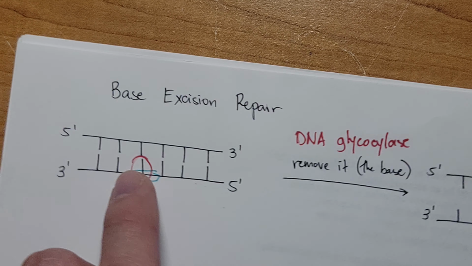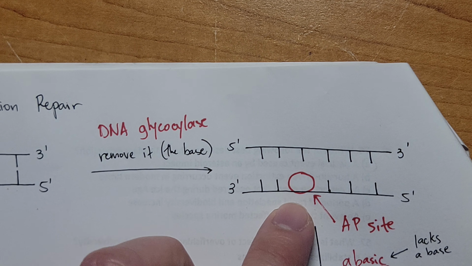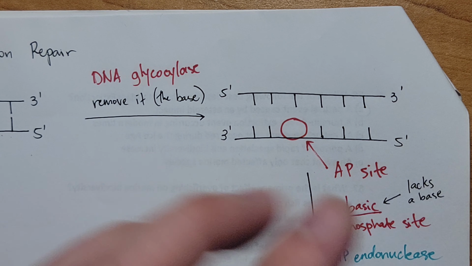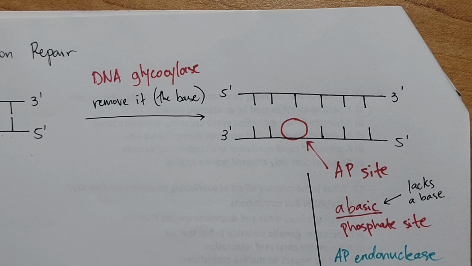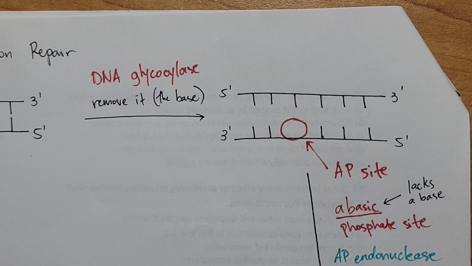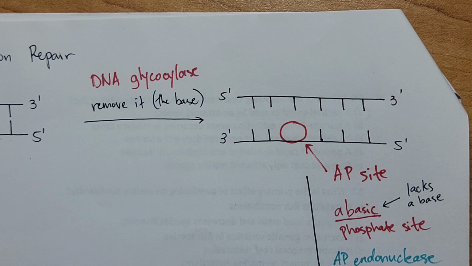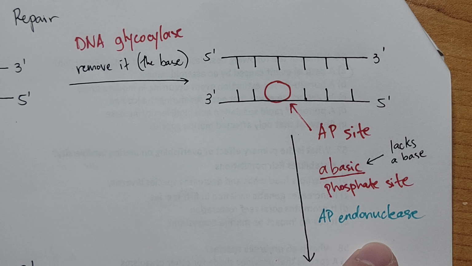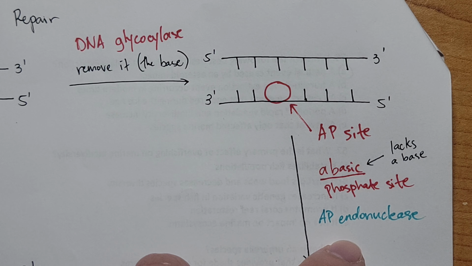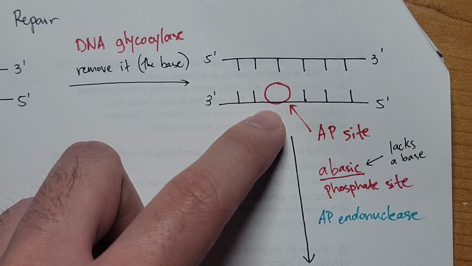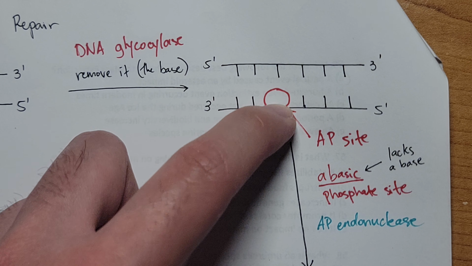Once the base is removed, it will create this site called an AP site, or in long words, Abasic Phosphate Site. Abasic Phosphate Site literally just means it lacks a base on that phosphate backbone site over there. This AP site will alert another enzyme called AP endonuclease, and AP endonuclease will cleave this phosphate backbone over here.